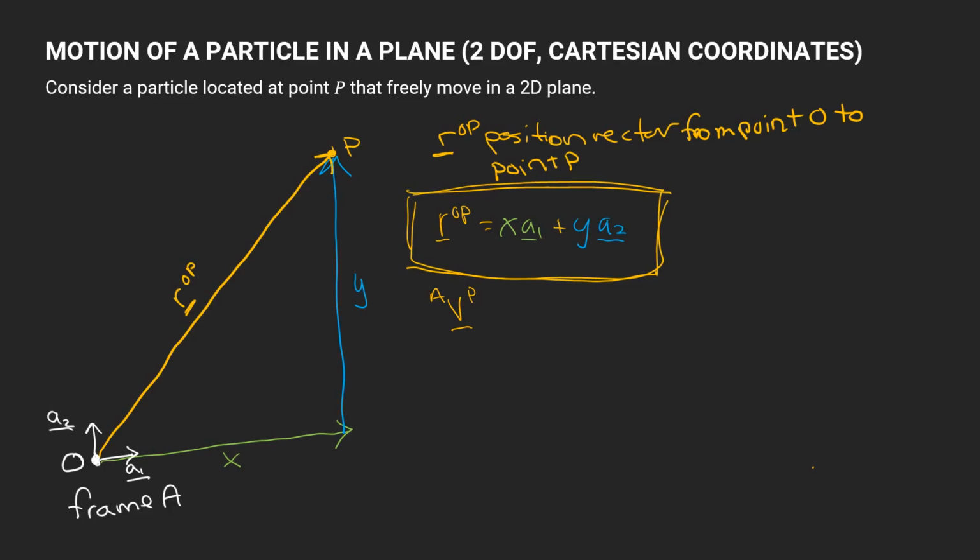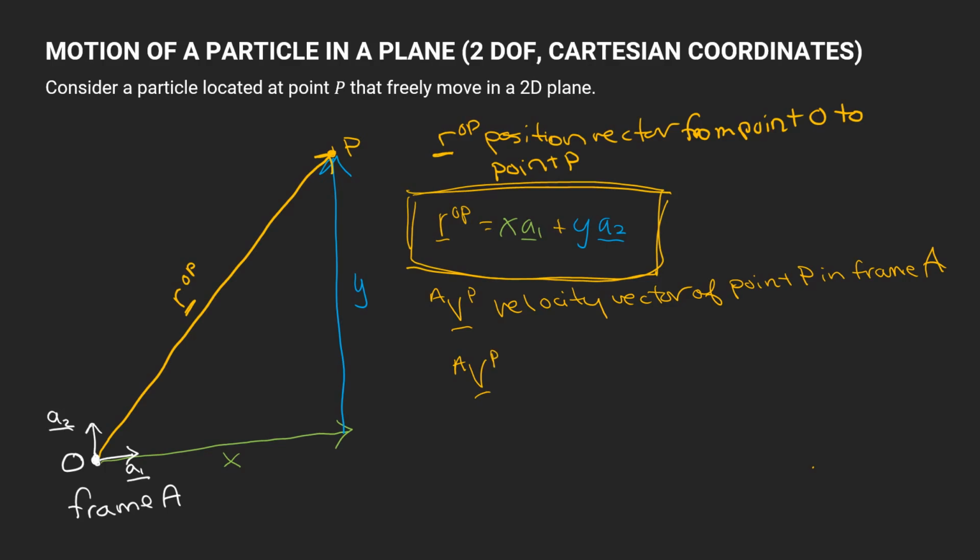So just to spell that out one more time, because this is, again, the notation that we'll be using throughout the class, what I've written here is the velocity vector of point P in frame A. And so to define velocity in terms of ROP, we take the time derivative, and we're going to write this out as follows.